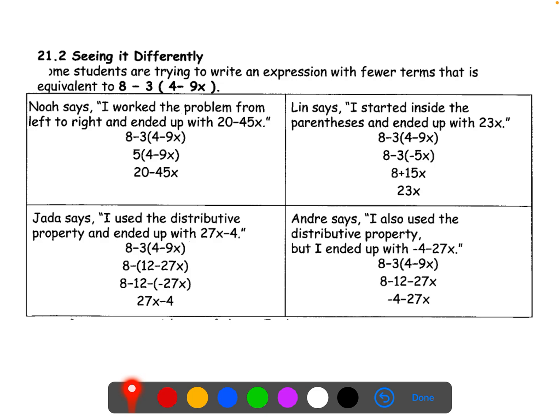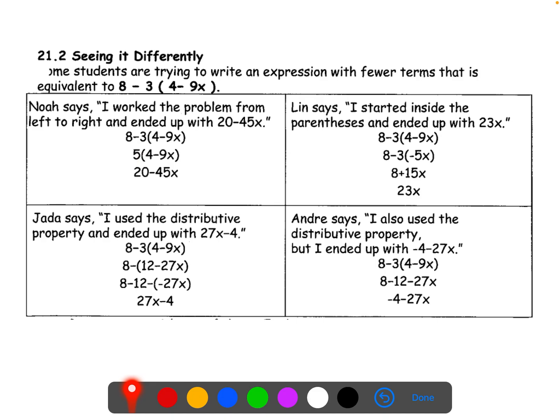So let's look at what Noah did. I worked the problem from left to right and ended up with 20 minus 45x. Working left to right means that he did 8 minus 3 first and got 5. The subtraction's done correctly, but that is not how we follow order of operations.